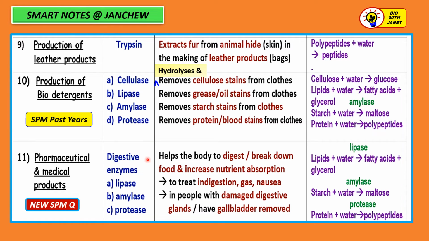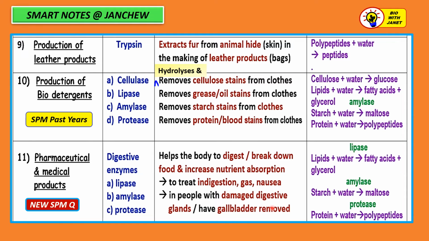Now, digestive enzymes can be eaten. So examples are lipase, amylase, and protease. They help the body to digest and break down food and increase nutrient absorption, especially for people who lack these enzymes in the body. So they can be used to treat indigestion, gas, and nausea, and used in people with damaged digestive glands.